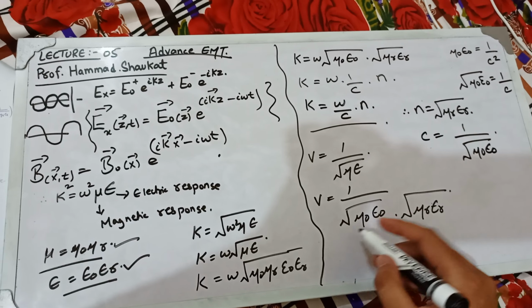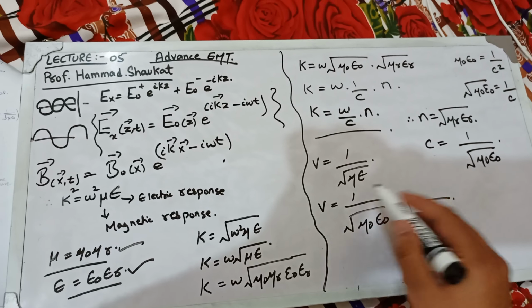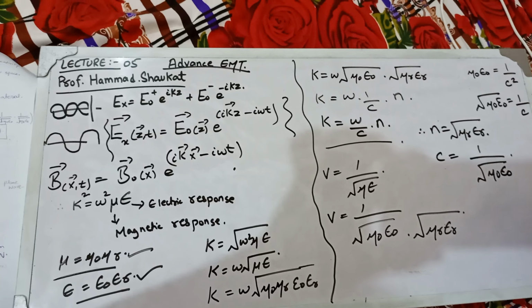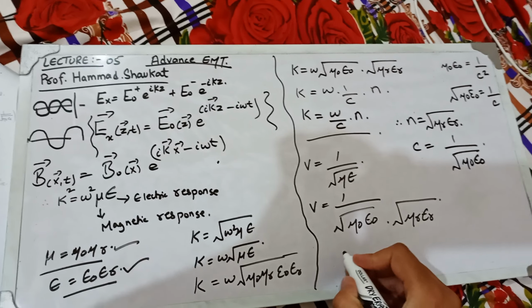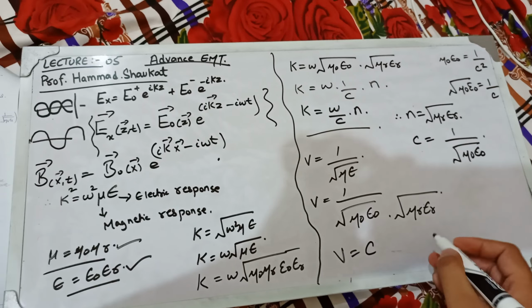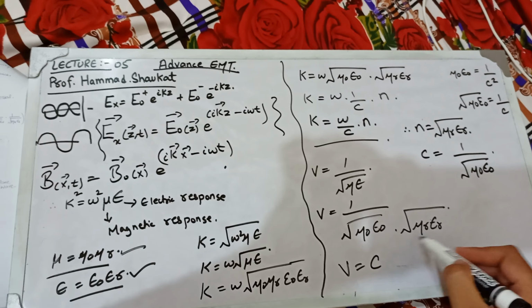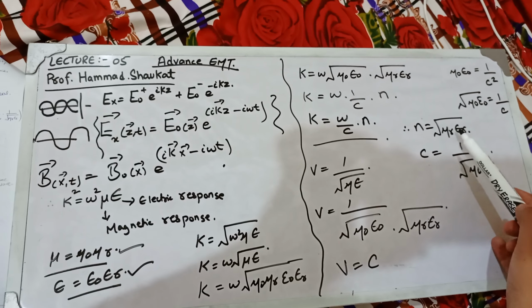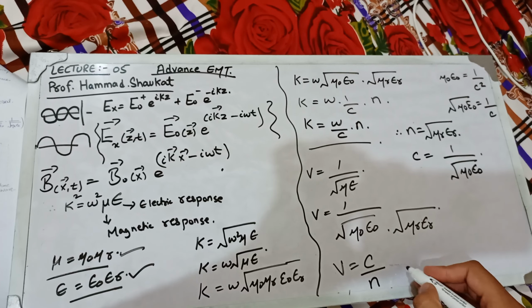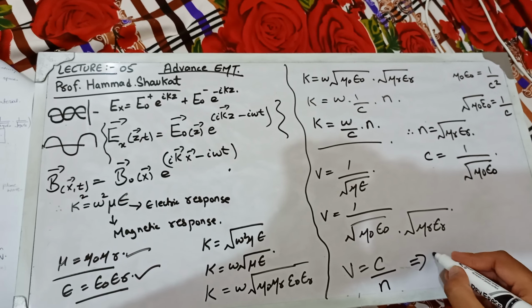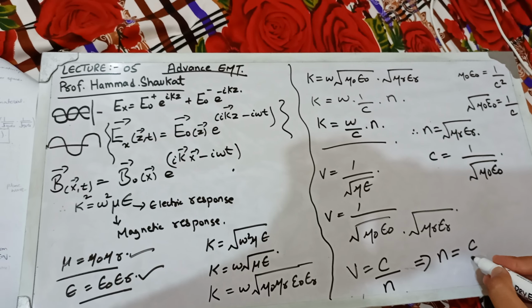Similarly, as I already told you, 1 by the square root of mu naught epsilon naught equals c. So you can say v equals c divided by n. If you move n upside, n equals c by v.